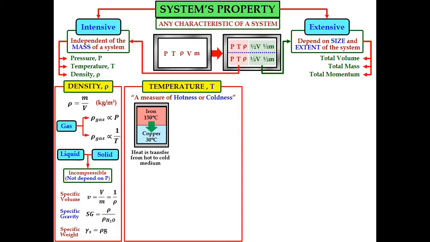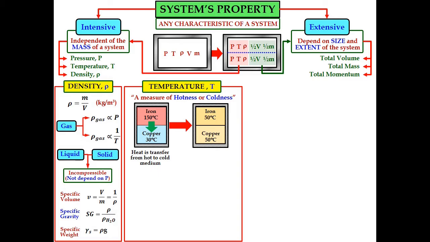The characteristic of heat is that it transfers from the hot to the cold medium. So the heat from the iron, because its temperature is higher than the copper, will transfer from the iron to the copper. This process will occur naturally.